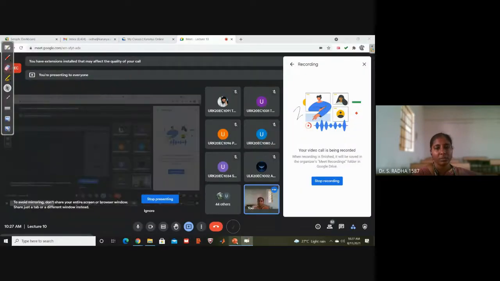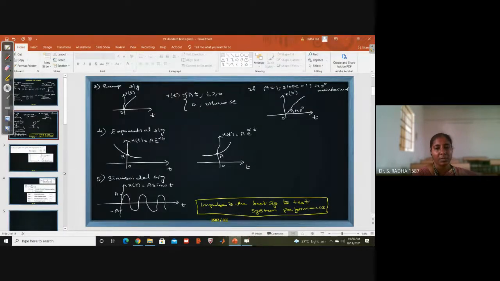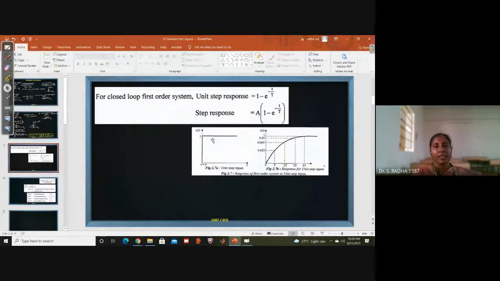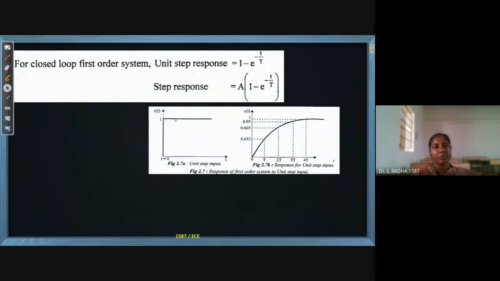The same I have taken. The first diagram, the input, is a step signal. If you vary this t value, small t equal to 1 time capital T, 2 times capital T, 3 times capital T, you can see the x-axis.